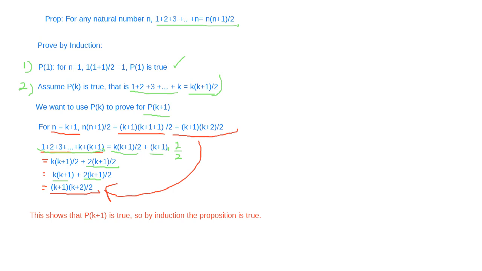So I factor out k plus 1. What's left for the first term? That's k. What's left for the second term? That's 2. So this simplifies to k plus 1 times k plus 2 divided by 2. And this is exactly the k plus 1 times k plus 1 plus 1 divided by 2 term. So this shows P of k plus 1 is true. So by induction, the proposition is true.